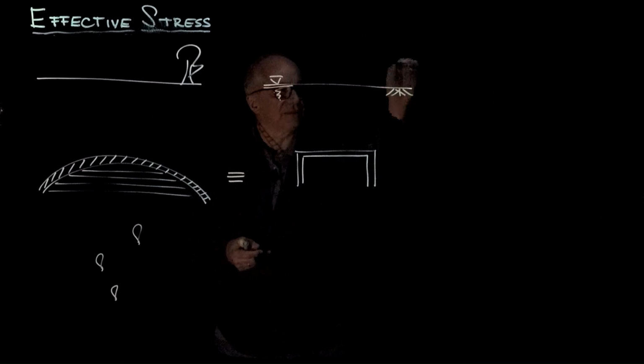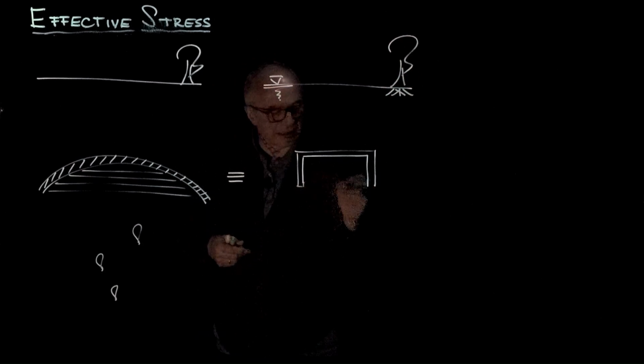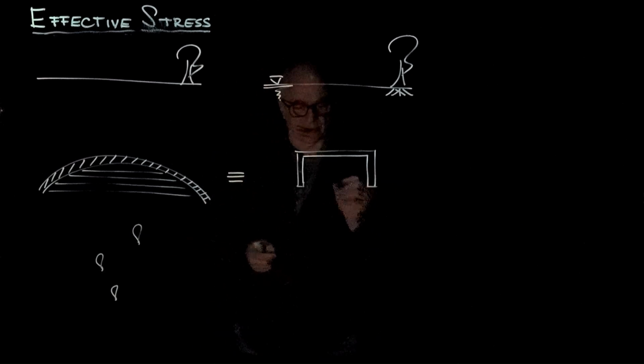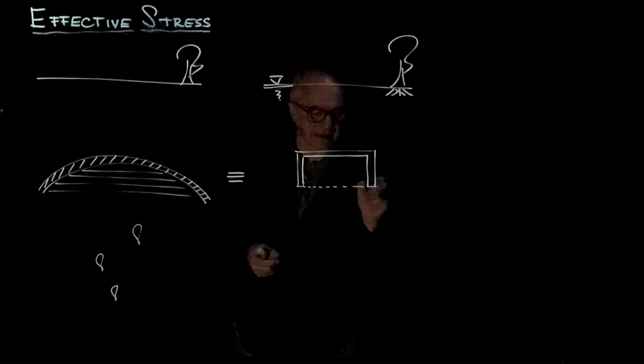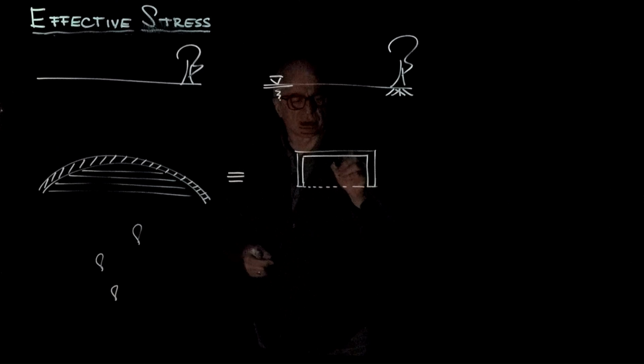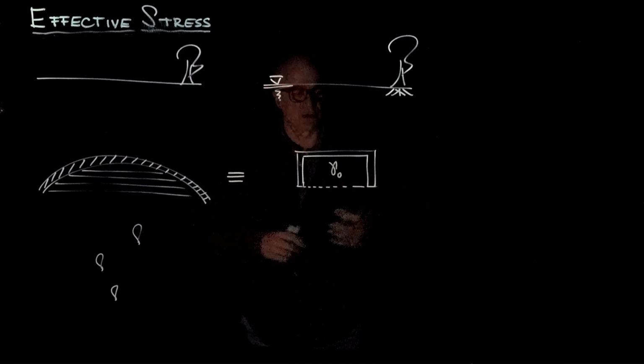This is the sediment, and oil and gas accumulated, and it has fully filled the reservoir. So that means that up to this elevation we have a lighter fluid, which we're going to call gamma O for oil. And that could be CO2, or methane, or hydrogen in the future.